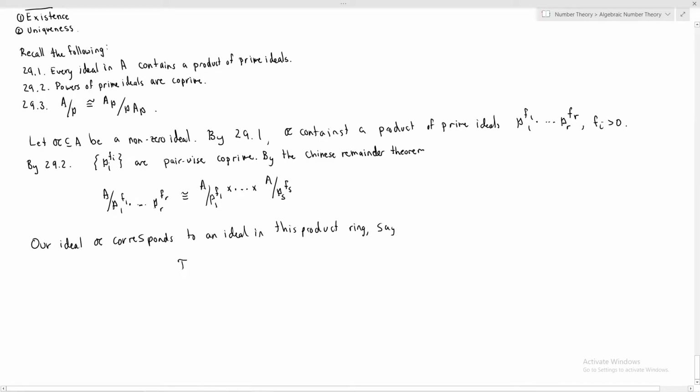Let's say I1 cross through IR. This should be an R, there should be no S's. Each Ij is an ideal of its respective factor.